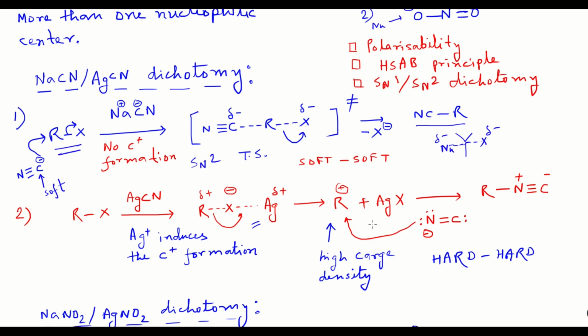So in the cyanide ion, the hard center will prefer to bind with this hard cation. So hard combination will be preferred in this case. In the initial example, soft combination was preferred. So here the nitrogen nucleophilic center, which is the hard nucleophilic center, will attack the carbocationic species to produce this alkyl isocyanide.